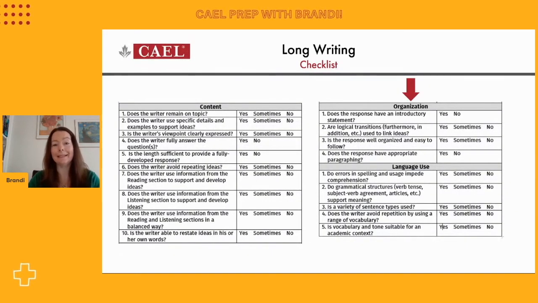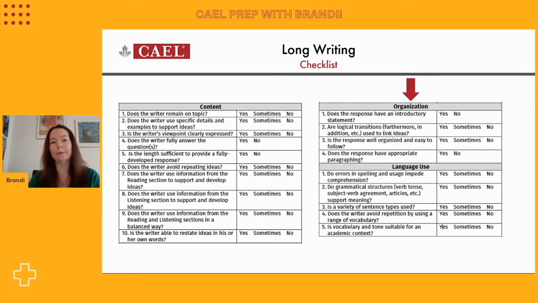On the CAEL test itself, the raters are looking for many skill sets, as you can see here. This checklist is actually what they'll use to assess your writing on the test, and they'll give you a score accordingly. In this episode, though, we're going to focus predominantly on organization. So we are going to look at how we can create that thesis statement, have an introduction.